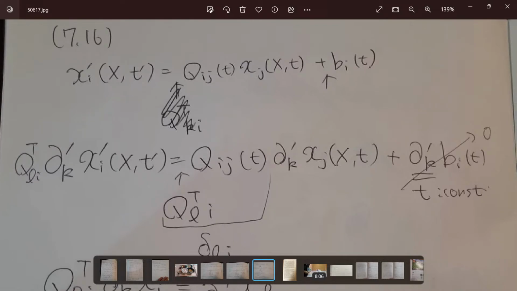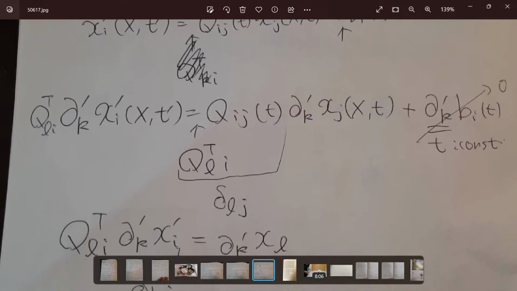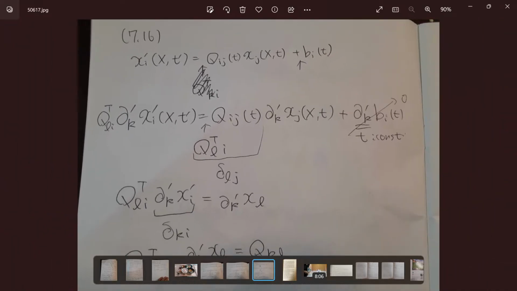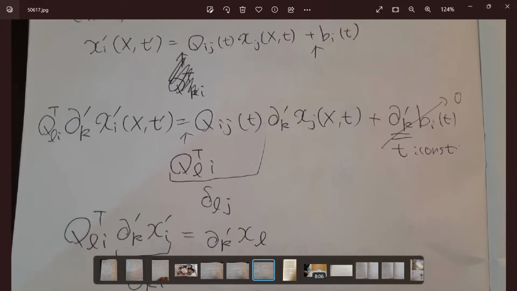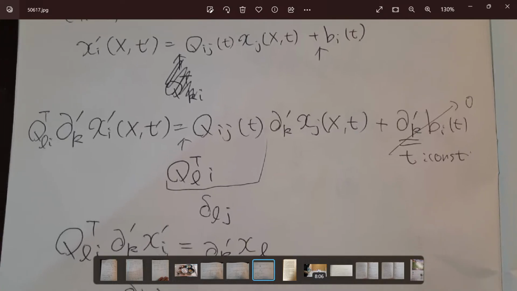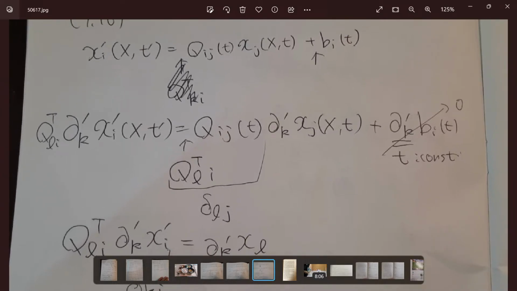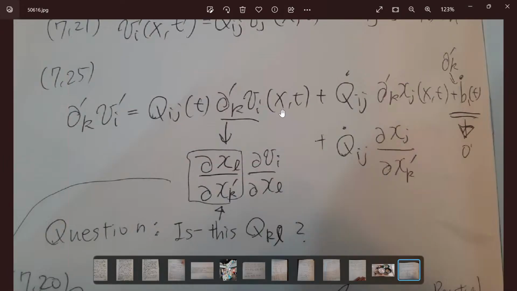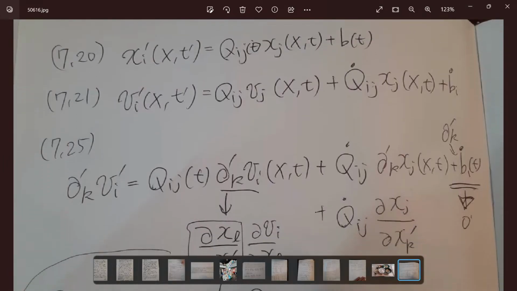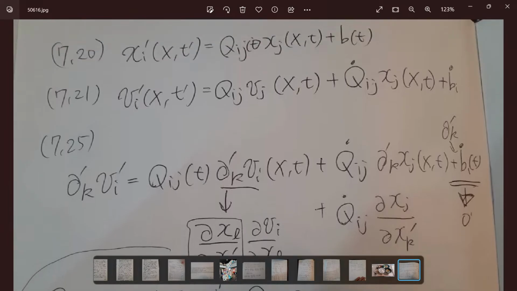Yeah. So then here, what is this? The second one is just velocity, right? No. The second one is like a spatial derivative. I got confused. So this one, what I did is we took the time derivative first, so x became velocity, right?